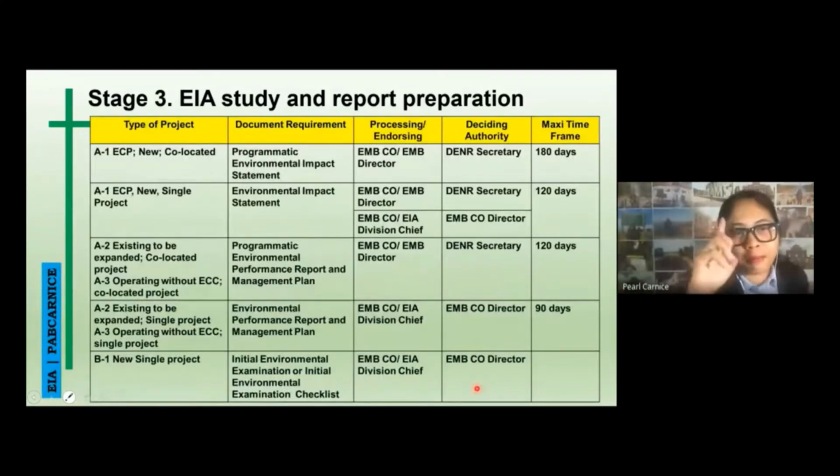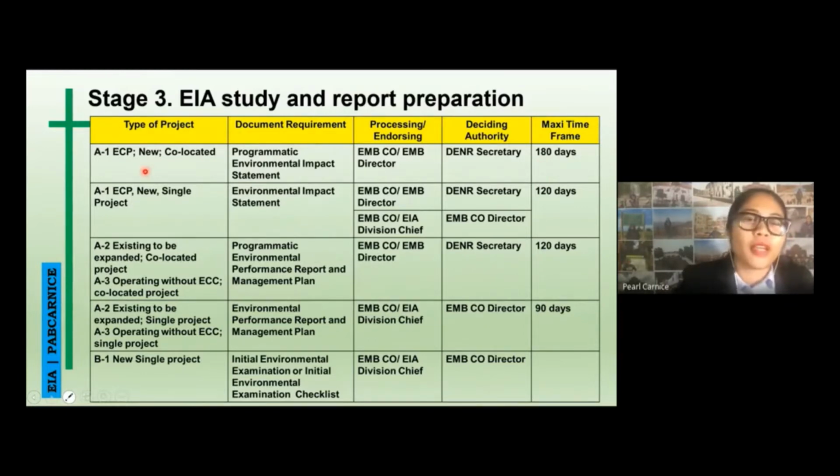So this slide is actually very helpful for me, especially when I took my comprehensive exam during my PhD. This easily guides me as to what kind of document I will be preparing for a specific type of project.